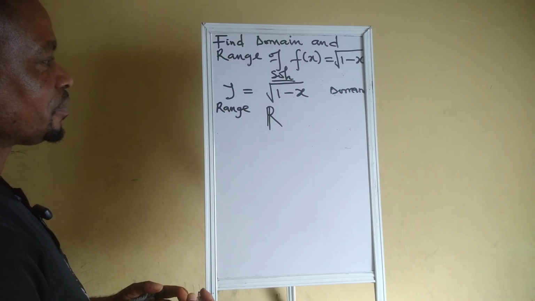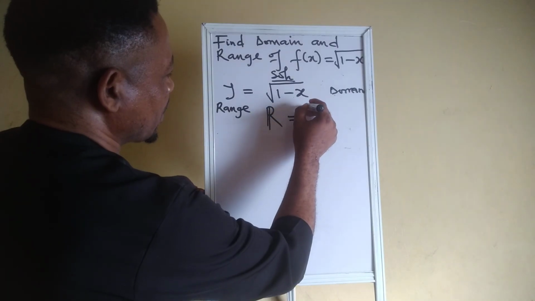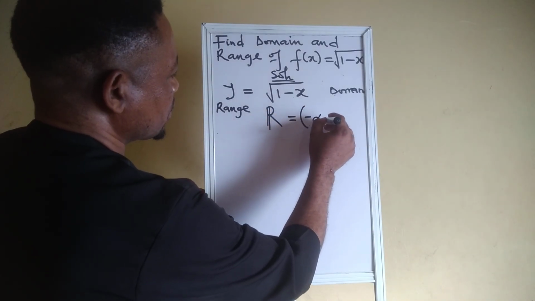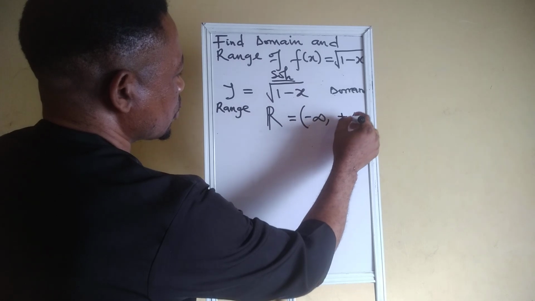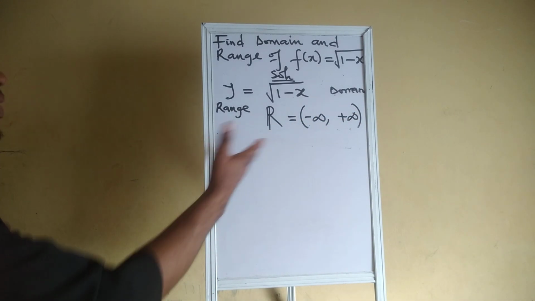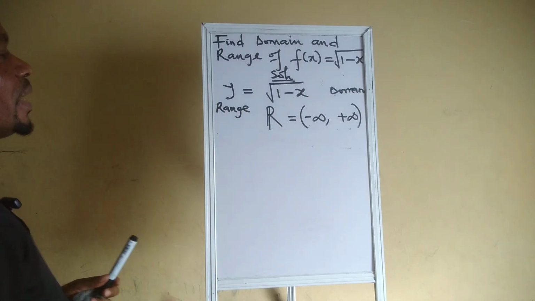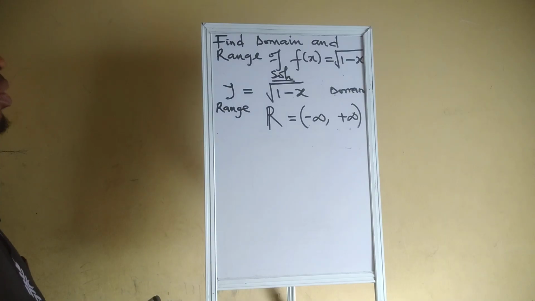Am I communicating now? You can define a real number mathematically like this: bracket minus infinity, comma, plus infinity bracket. This is a definition of a real number. And we also use it to identify the domain and range of a particular function.